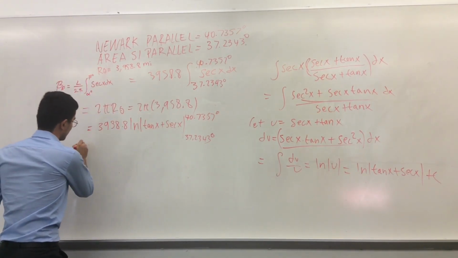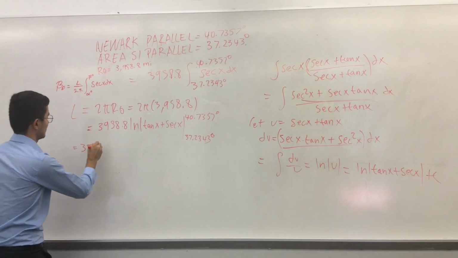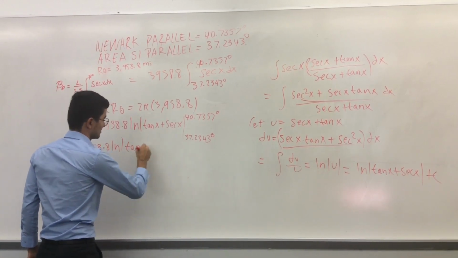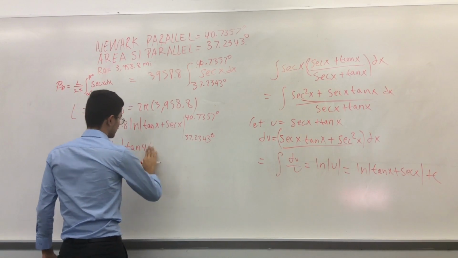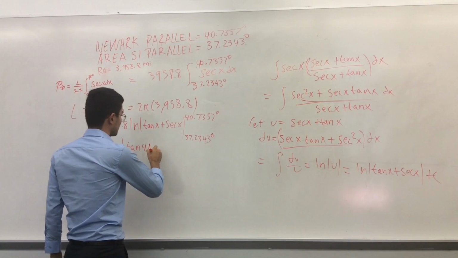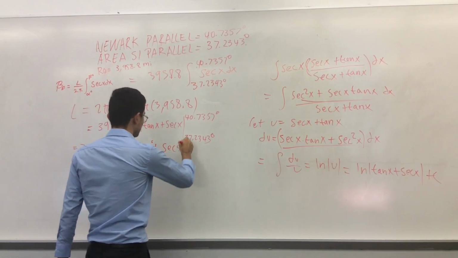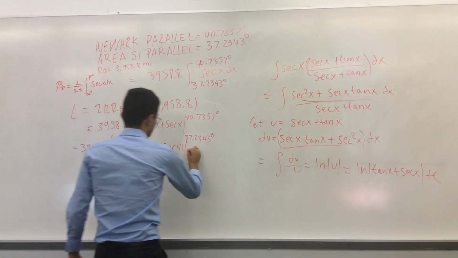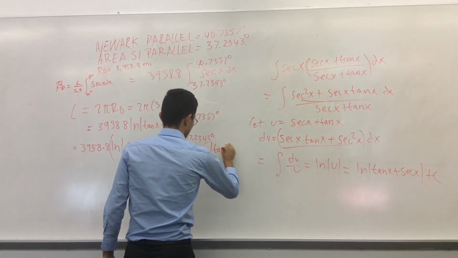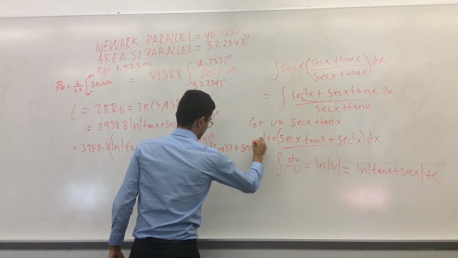We're going to get 3,958.8 times ln absolute value of tangent of, I'm just going to approximate that as 41 degrees, but I'm going to put the exact coordinates at the end, 41 degrees plus secant of 41 degrees, minus ln of the absolute value of tangent of 37 degrees plus secant of 37 degrees.